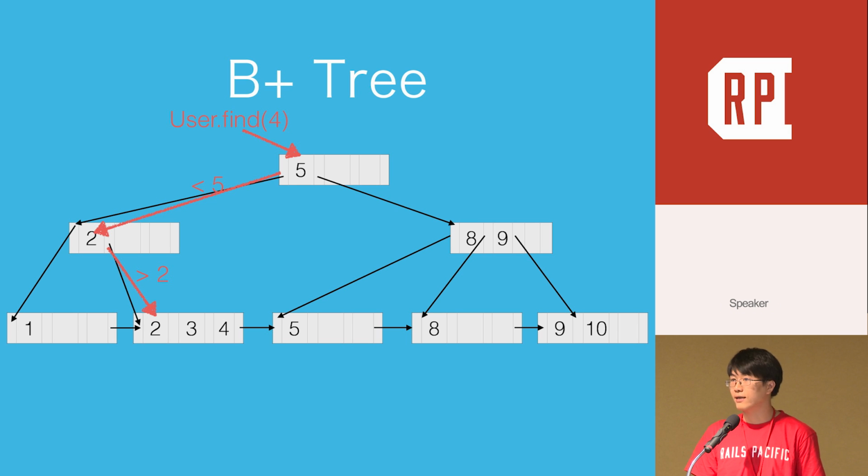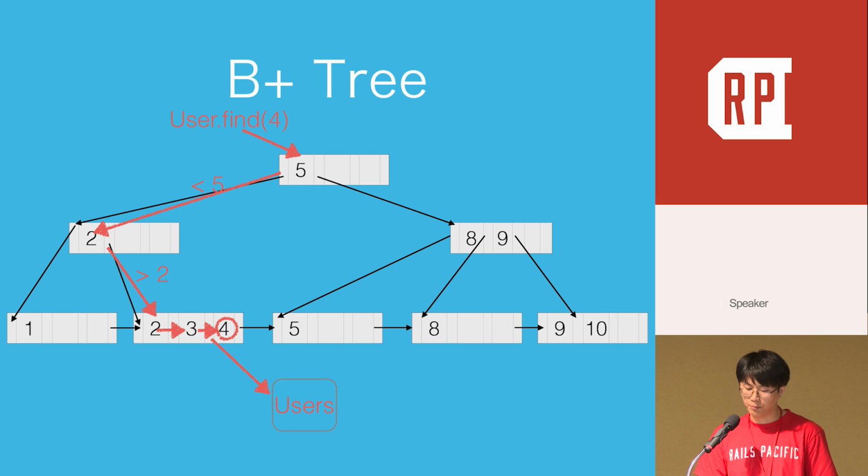Then we find that we have reached the leaf nodes. We bring this whole block into memory and then iterate the records one by one. From 2 to 3, and then 4. Okay, we find the record, and then we get the pointer of the record and use the pointer to fetch the record directly.